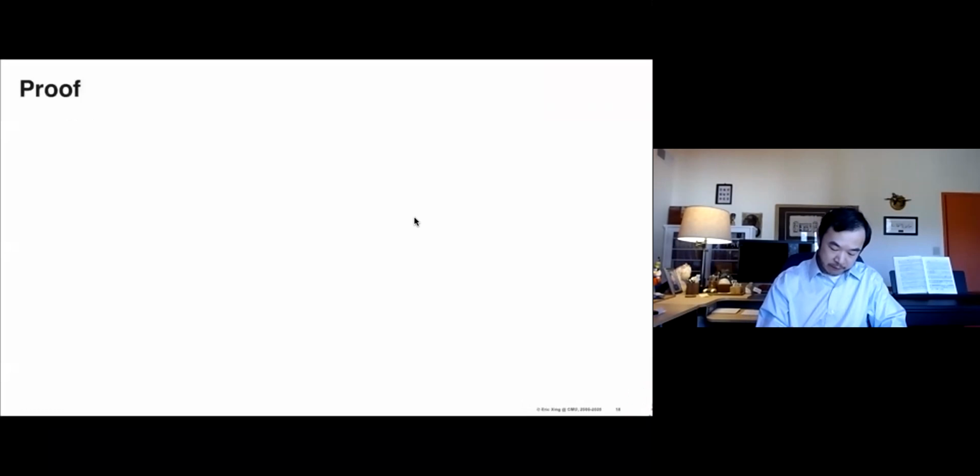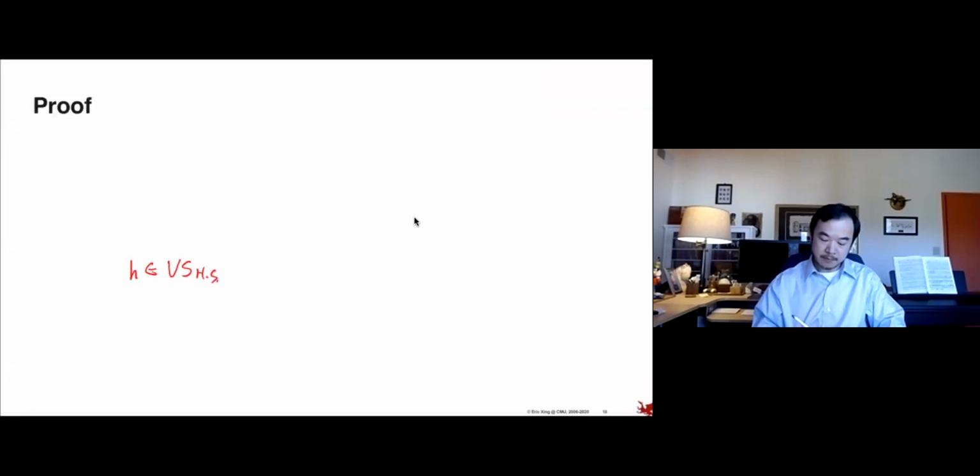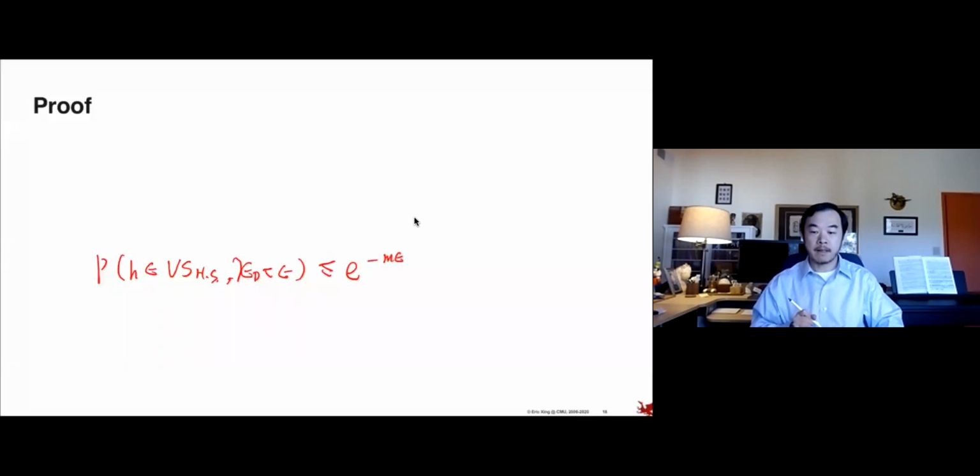So now we have H being in the version space of H and S. The probability of this, given that the version space is not epsilon exhausted, is going to be upper bounded by this quantity, e to the minus epsilon m.